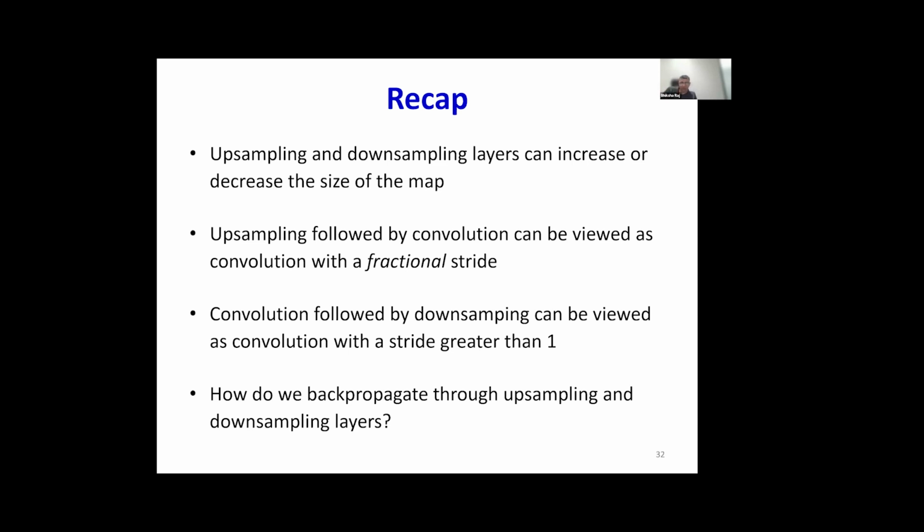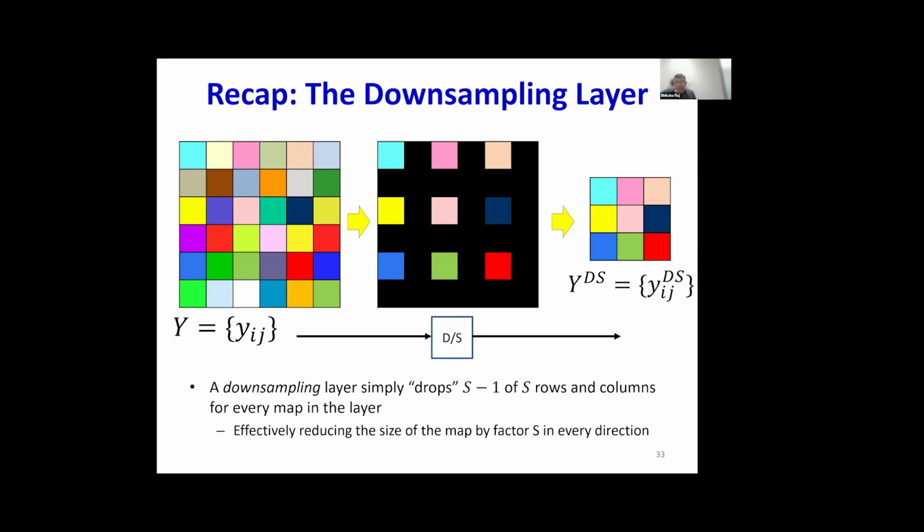But then, how do we propagate derivatives through upsampling and downsampling layers? Now, here's what happens in downsampling. You start off with this large map, right? Then all of these blacked out entries are essentially ignored. In other words, we can think of them as being 0 because we are not going to use them.